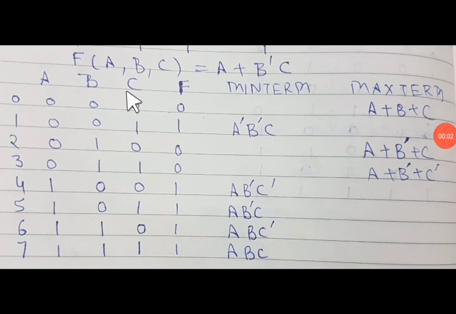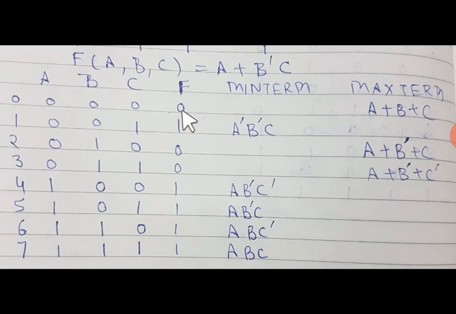Now you can see here a truth table which is implementing this function. Here A, B, C are the three columns which are representing the input, and this is the function which is representing A plus B dash dot C. This is producing the output on the basis of this expression. Alright, this is a Boolean expression.